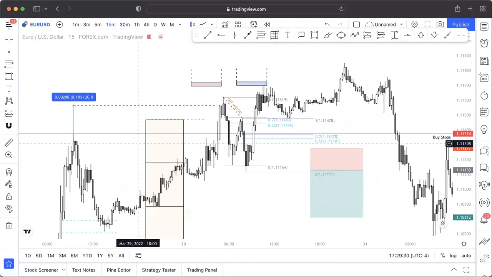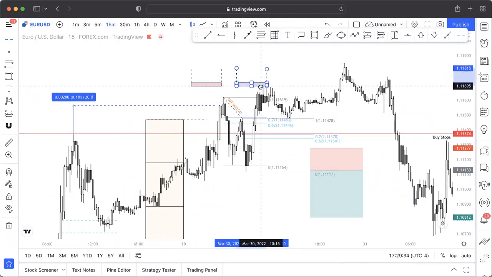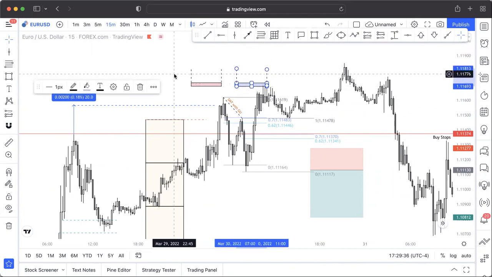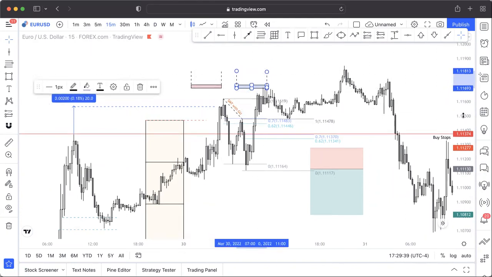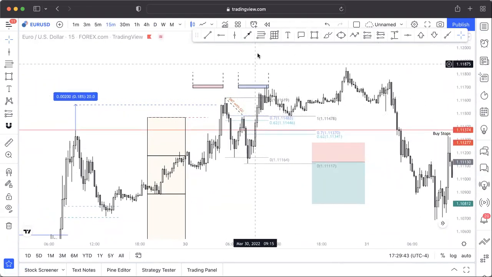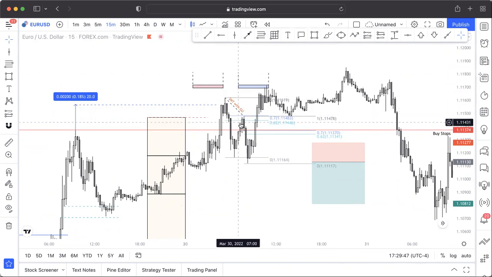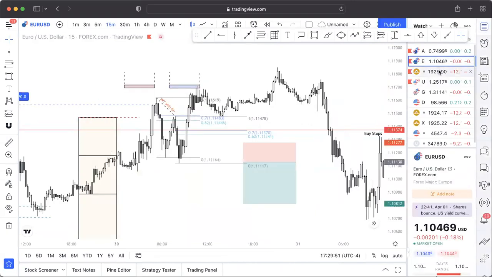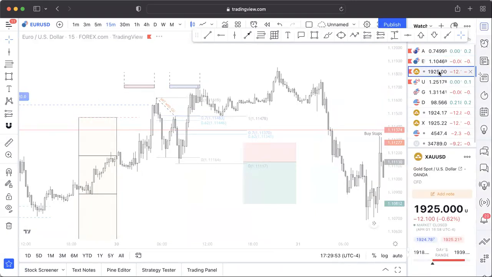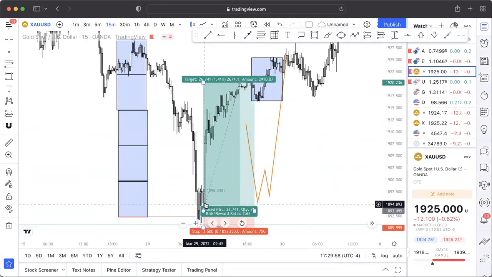Again, we can move this a little bit down. I wasn't really trading this day, to be honest. The day this Euro USD move happened, we had also, I think it was the same day, right?